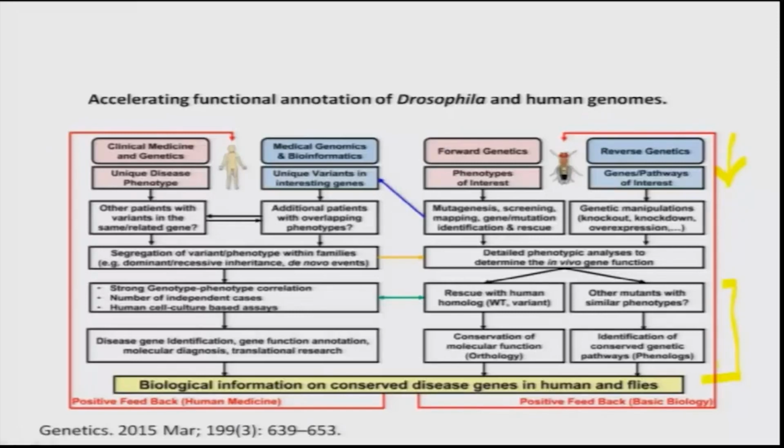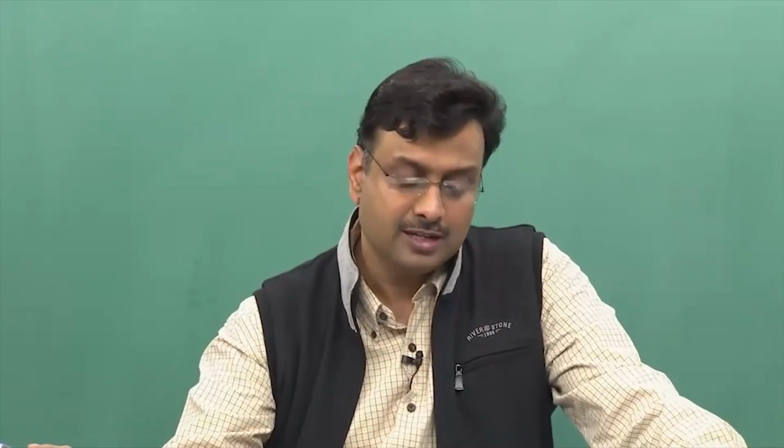Now whatever you have gained from this kind of study, you can apply this knowledge to the human, because you cannot do that kind of study using the human population. So you have to infer from what had happened, one way or the other, in mutations in the families. But this information that you gain from fly can be applied to the human, and you pretty much figure out what could possibly be the function of this gene in humans.